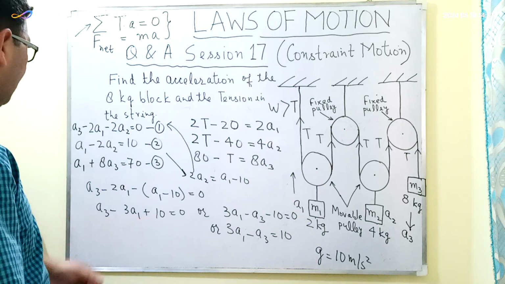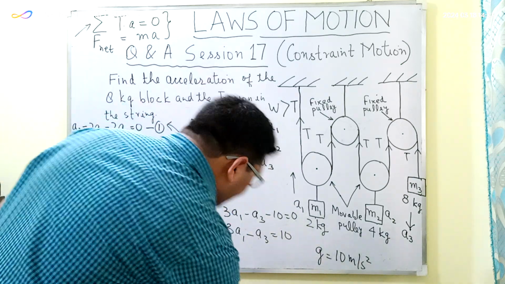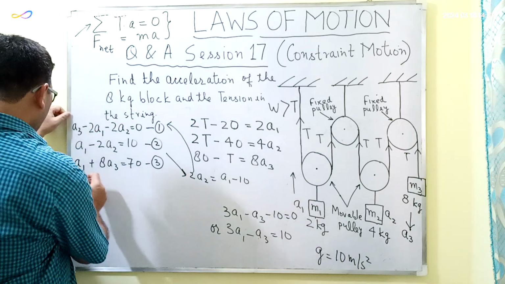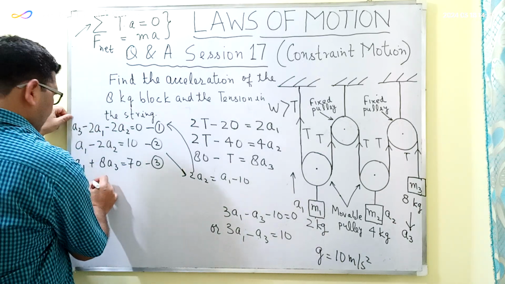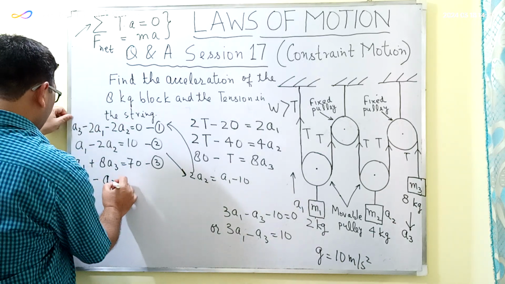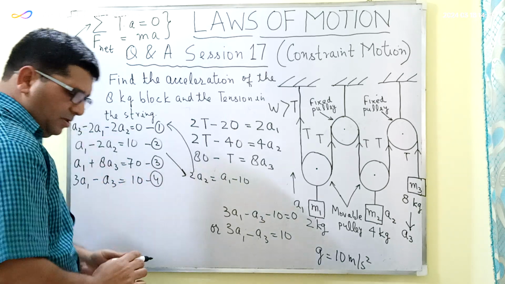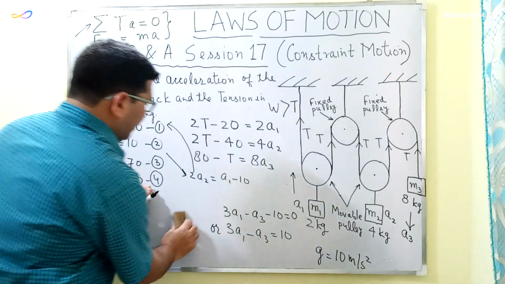This is another equation which I have got, and let us say this is equation number 4: 3A1 minus A3 is equal to 10.